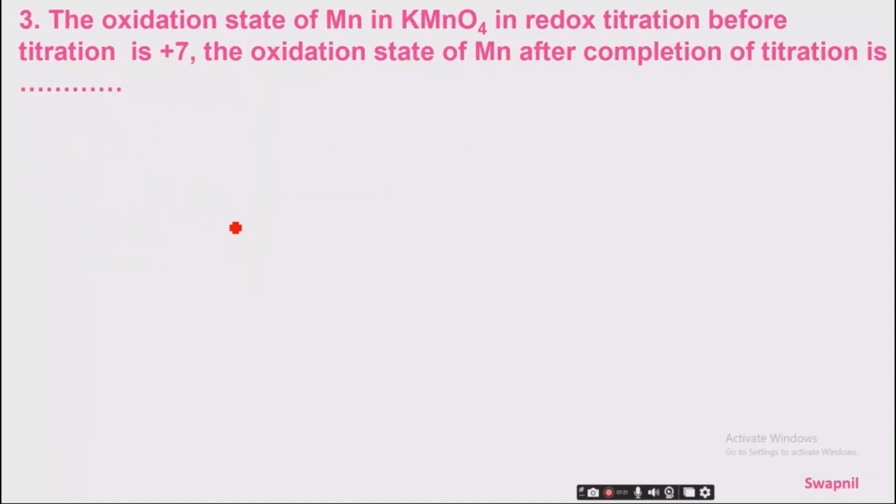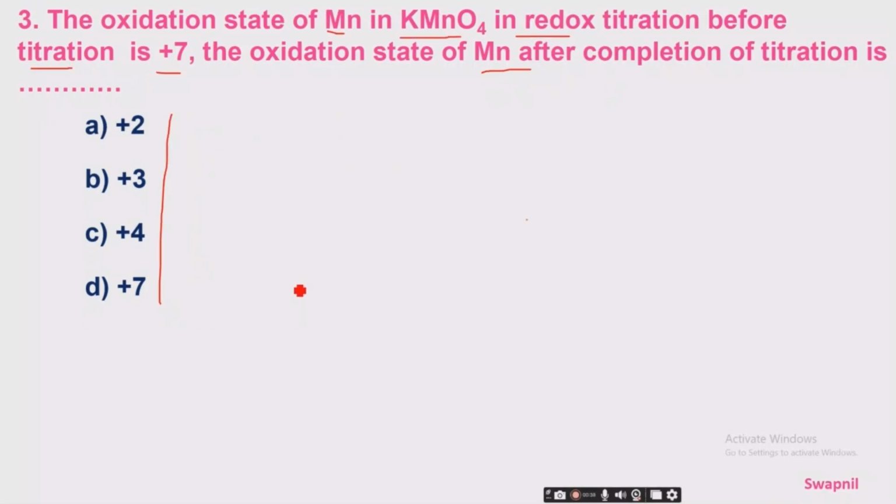So next, the oxidation state of Mn in KMnO4 in redox titration before titration is +7. The oxidation state of Mn after the completion of titration is, and these are the options for this question. So the correct option is option A, that is +2. So here is the explanation.